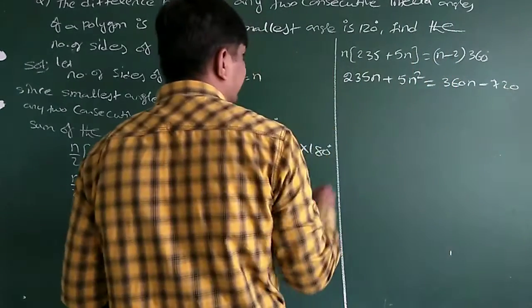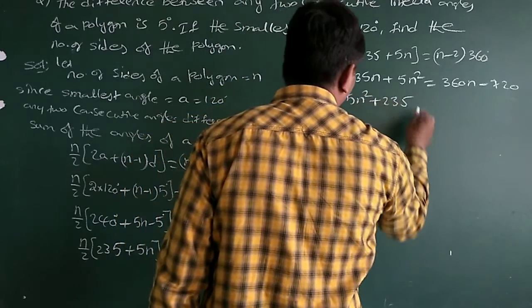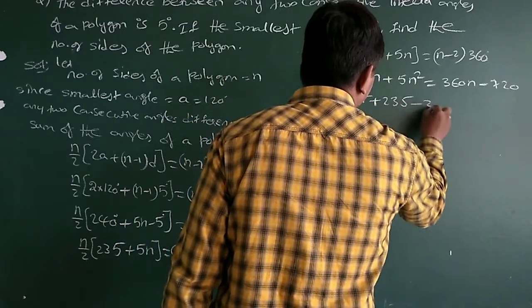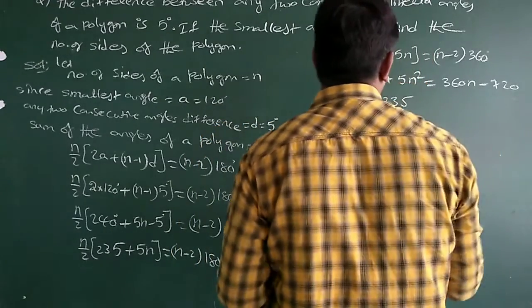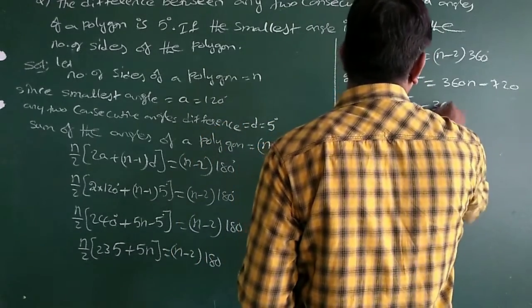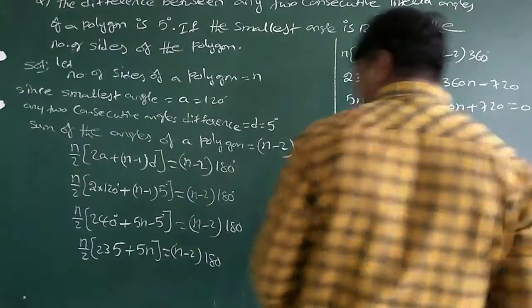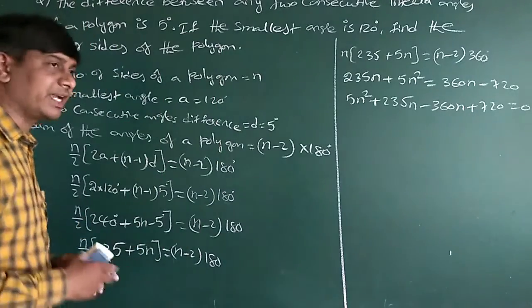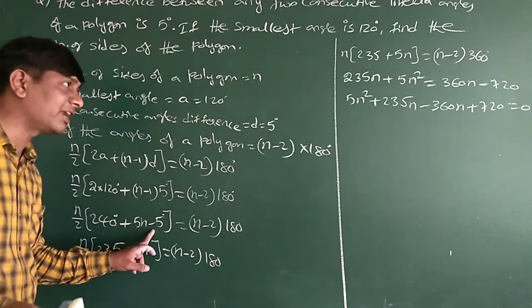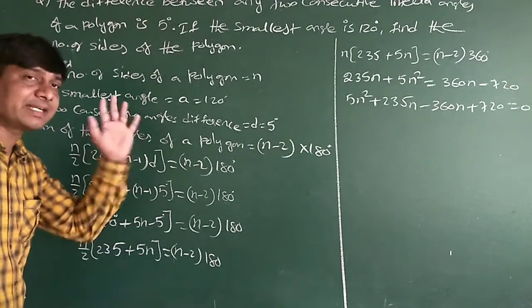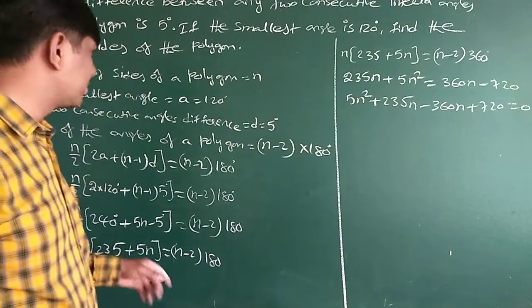Take these values to the side. 5n square plus 235n minus 360n plus 720 is equal to 0. Please correct it. There is a small mistake I did here. Instead of minus 5, I did plus 5 in the previous calculation. That's why I did not get the factors there. Okay, 240 minus 5 is 235.